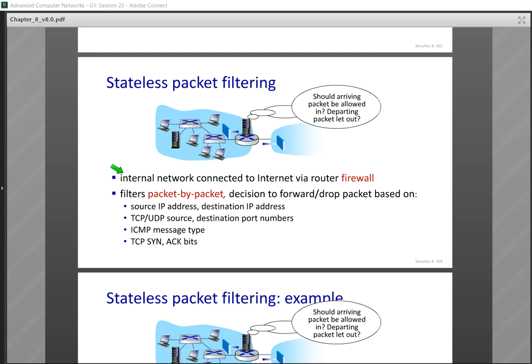So a stateless firewall only focuses on each separate packet, one by one: the source IP address, the destination IP address, the source port number, and destination port number.